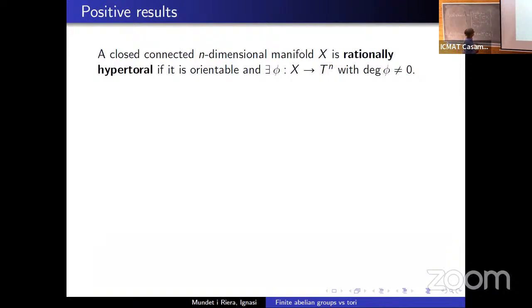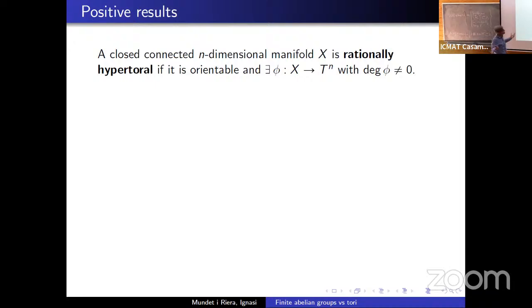Okay, so let me state some positive results regarding the question. Let me introduce 2 definitions. A closed connected n-dimensional manifold X is rationally hypertoral if it admits a map of non-zero degree to a torus of the same dimension. Okay, so in particular, to be able to speak about degree, it has to be orientable.